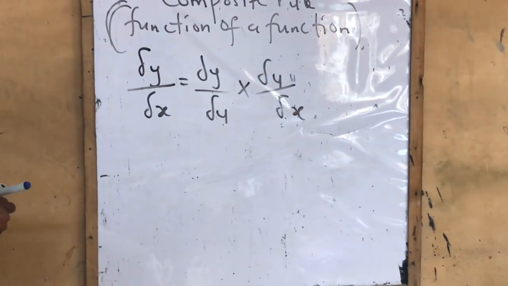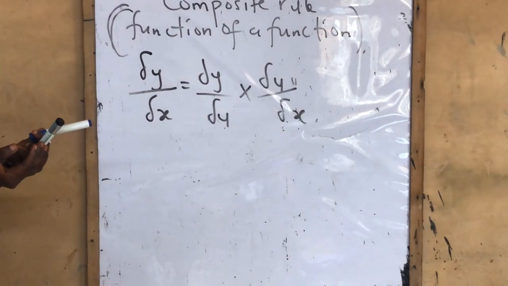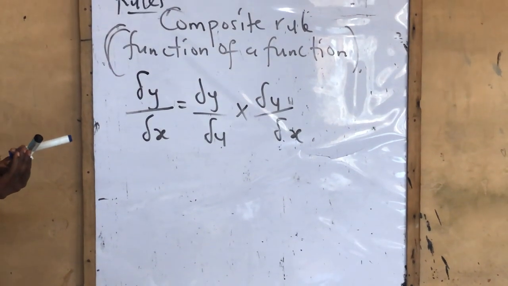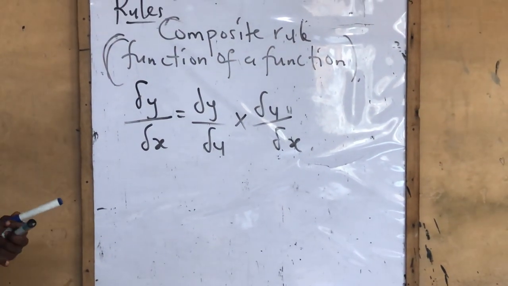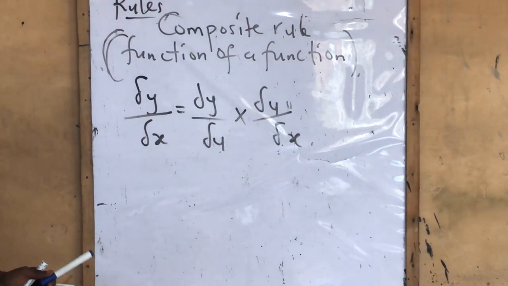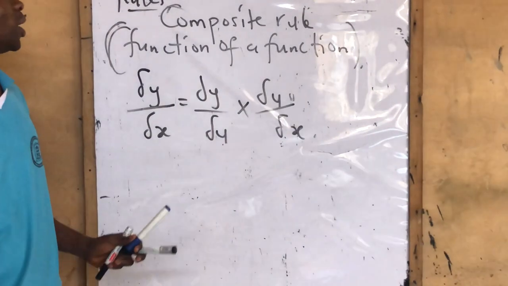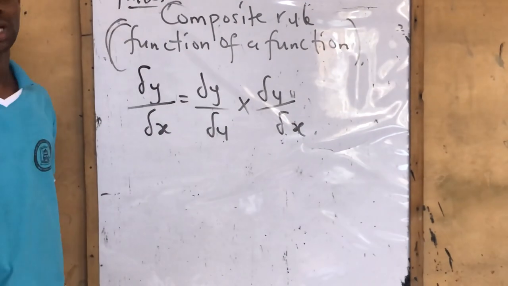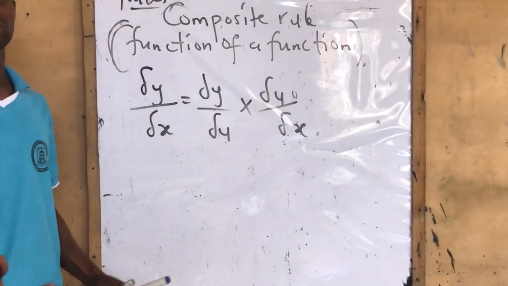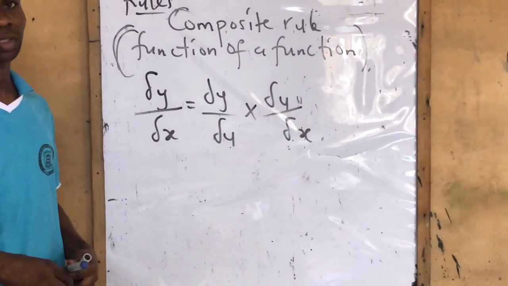I'll show you how to use that one. We are differentiating two things, that's why we call it composite. Before I start showing you how to derive that, let us use this formula to do like 2 or 3 or 4 questions that will help us very well. Okay?